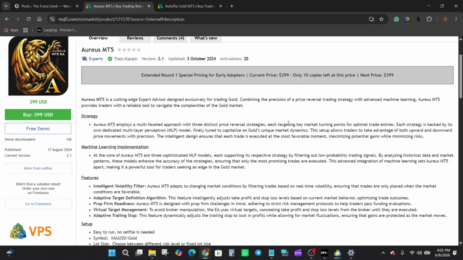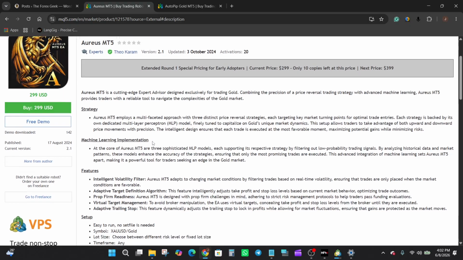So looking at the description, the EA is built around a price reversal strategy combined with machine learning models. More specifically, it uses three separate strategies, each backed by its own multi-layer perceptron model.